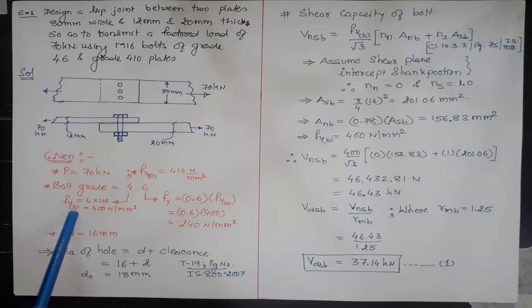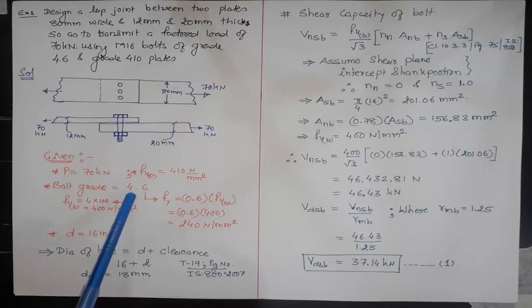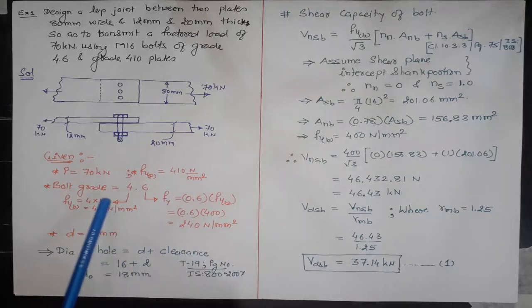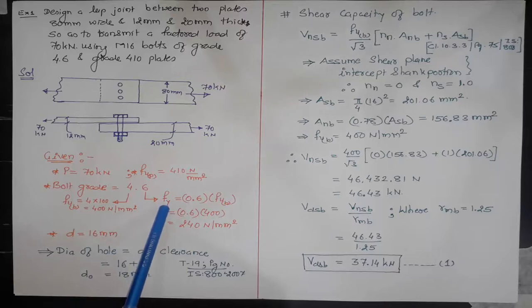Therefore, fub, that is the ultimate stress carrying capacity of the bolt, is 4 into 100, which is 400 Newton per mm square, while 0.6 represents that the yield stress is 60% of its ultimate capacity. Therefore, fy, that is the yield stress, is 0.6 of fub. That comes out to be 240 Newton per mm square.